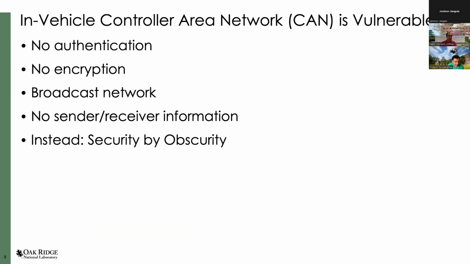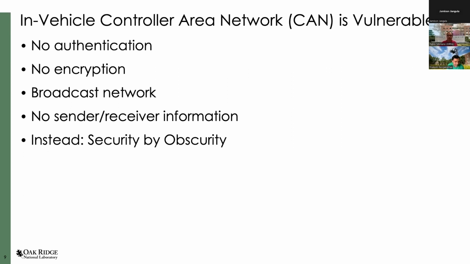Another particularity of this protocol is that it is a broadcast network. So these messages are broadcast to the other ECUs in the network, and there is no notion of sender and receiver in this information.